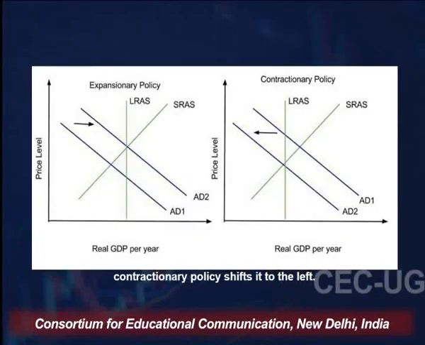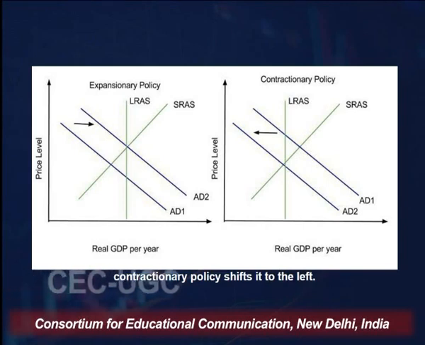You can see in the first diagram that the aggregate demand curve will shift outward from AD1 to AD2 if there is expansionary fiscal policy, and that will lead to an increase in the GDP of the country. That may also lead to an increase in the prices of products, because when the aggregate demand and aggregate supply curves intersect, there is an increase in the GDP as well as an increase in the prices.